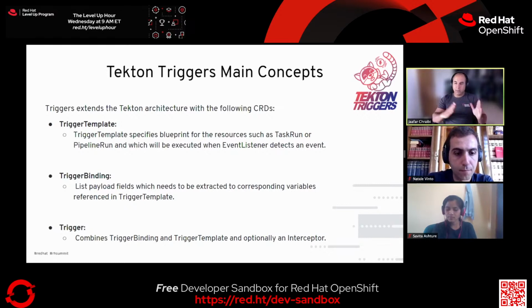If we remember how Tekton works, you have this notion of pipeline. The pipeline is the definition of everything that is going to run, like the tasks and the steps, etc. But the pipeline itself doesn't run. It's not an instance of something that is running. It's just a static definition.